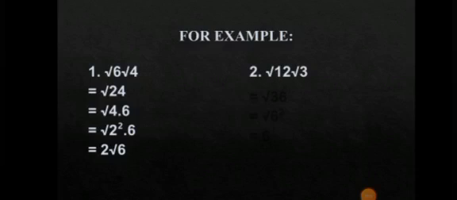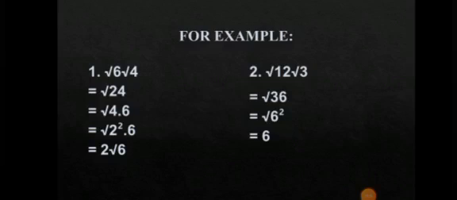We have another example, which is square root of 12 times square root of 3. Square root of 12 multiplied by square root of 3 is square root of 36.